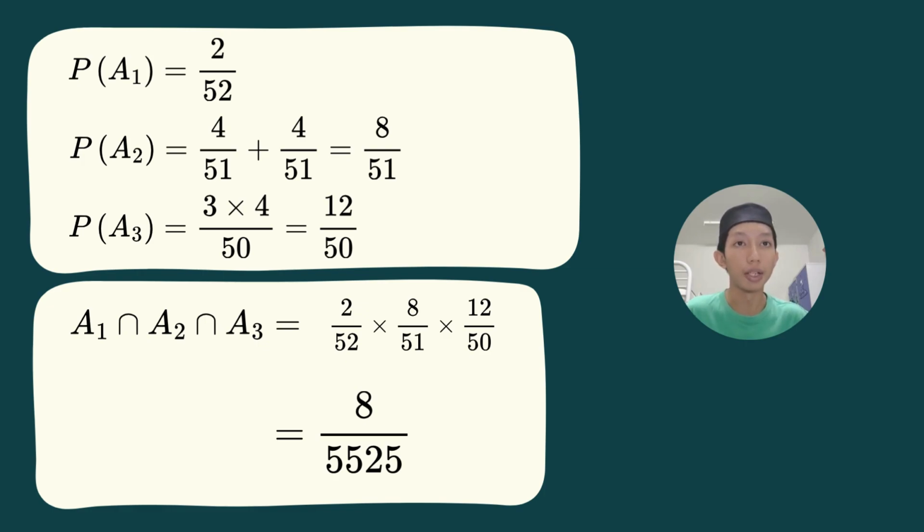Next, event A3. After drawing a red ace and then either a 10 or a jack, there are now 50 cards left in the deck. So the favorable outcomes for event A3, drawing a card greater than 3 but less than 7, are the cards numbered 4, 5 and 6.